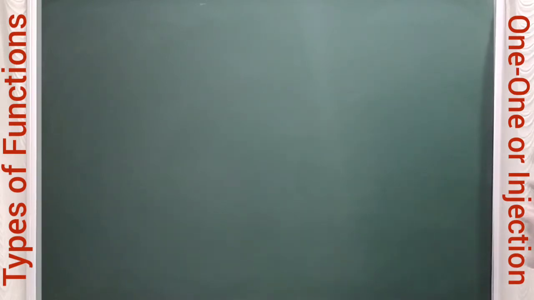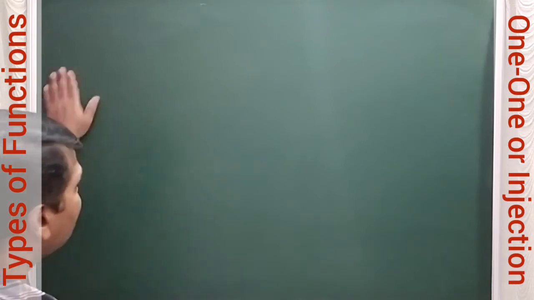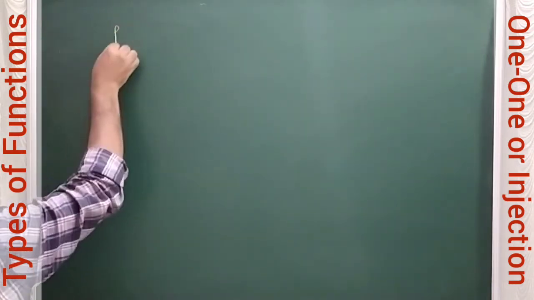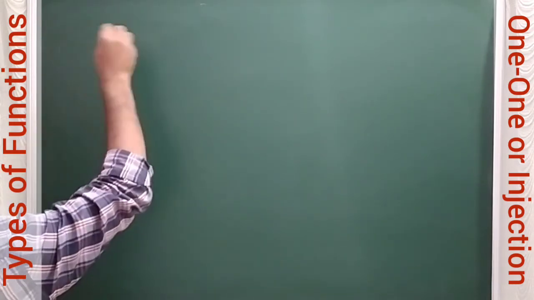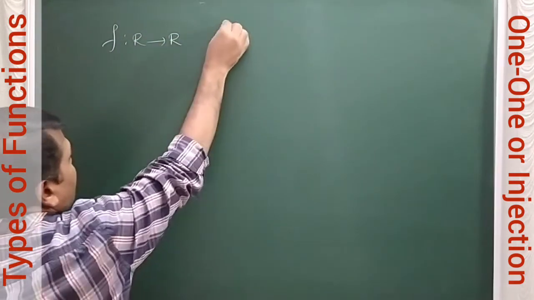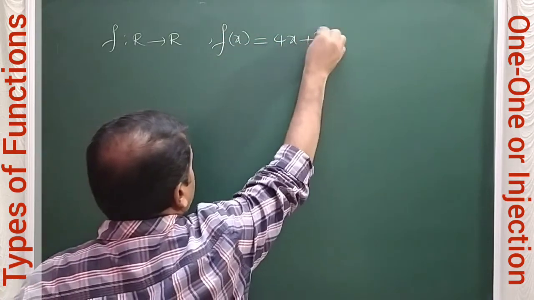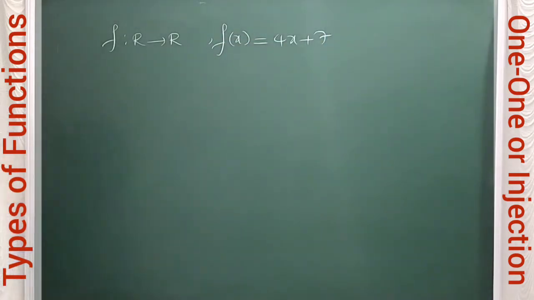Now we will discuss the working rule to decide whether a function is 1-1 or not. For example, let me give a function f mapping R to R such that f of x is equal to 4x plus 7. Now, is it a 1-1 function or not?